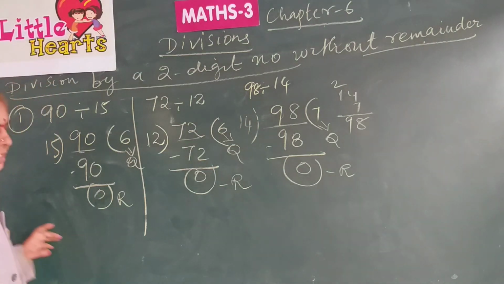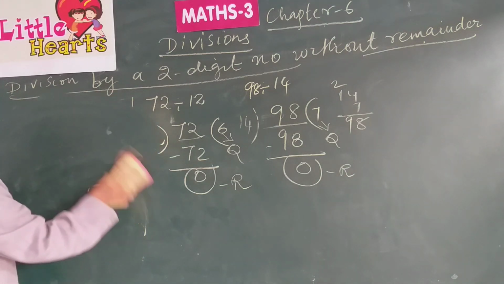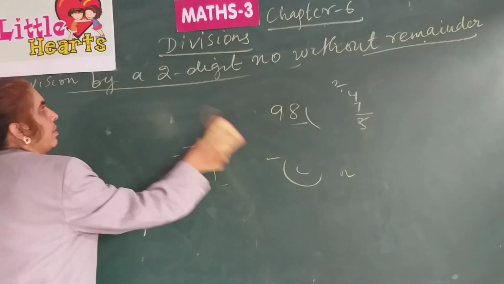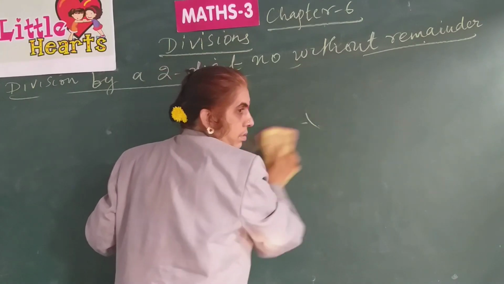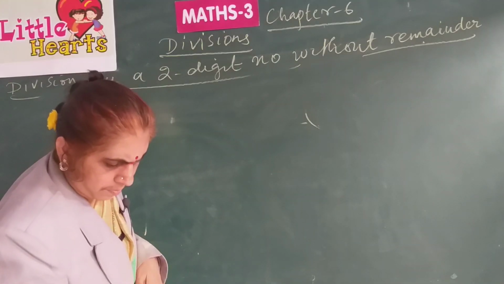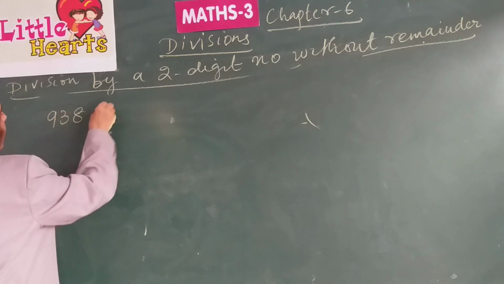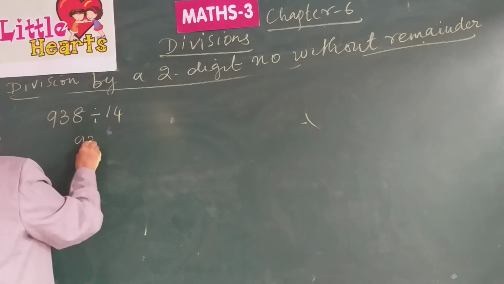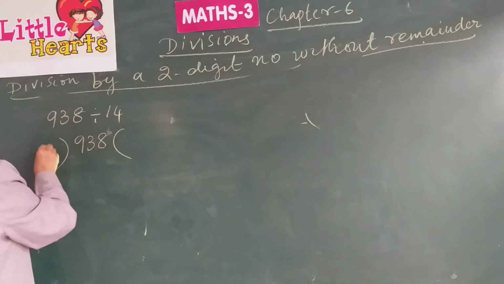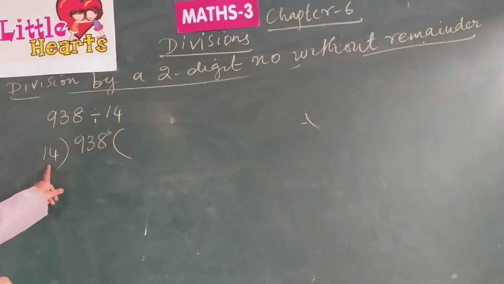Coming to division of a 3-digit number by a 2-digit number. 938 divided by 14. Read the 14 table. 14 sevens are 98.